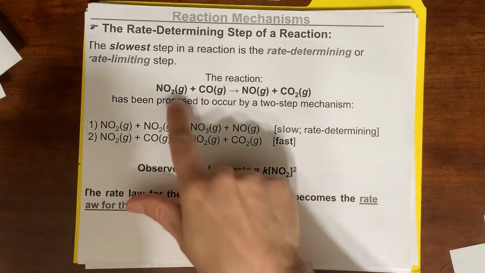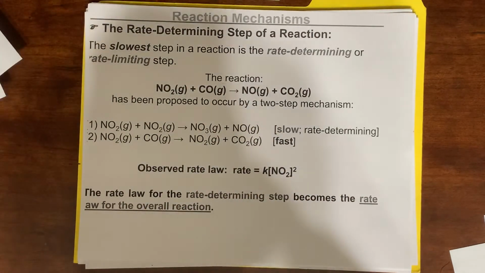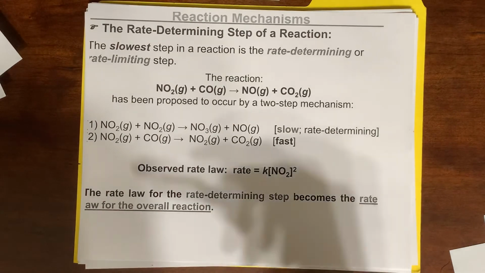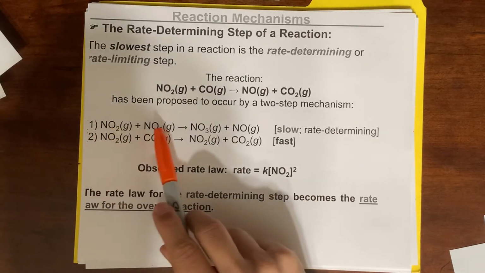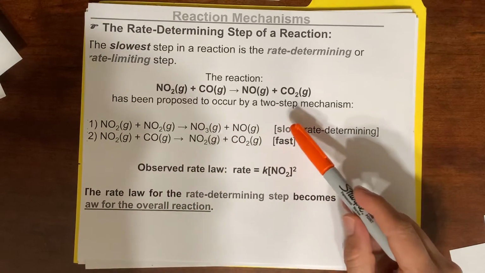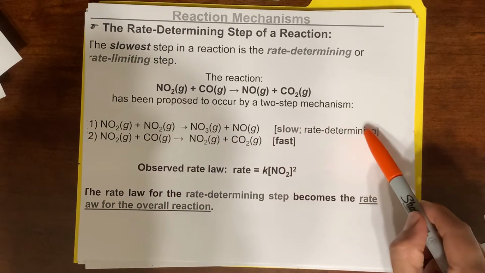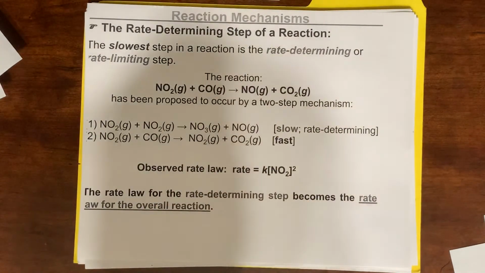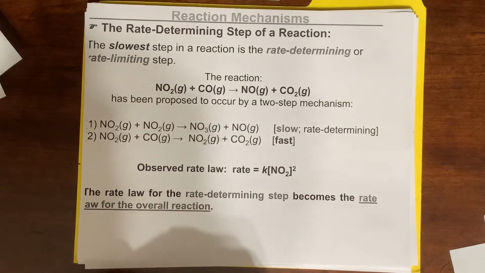It says NO2 plus CO, we get NO plus CO2. Okay, I have two steps. One says NO2 plus another NO2, we get NO3 and NO. It says slow. Because it's slow, it is the rate determining step. Because it's a rate determining step, write the rate law for it.